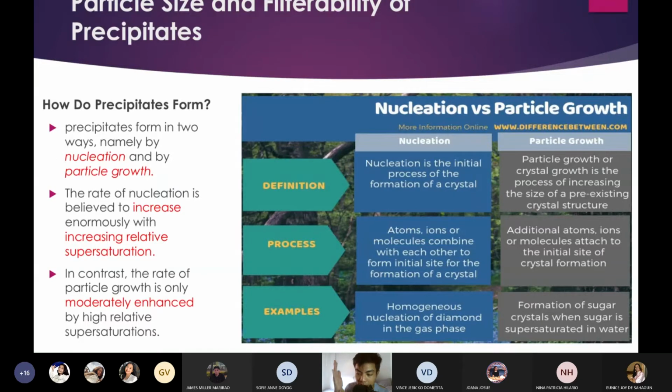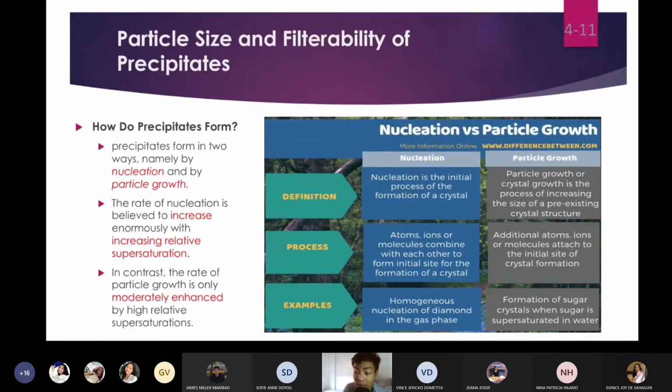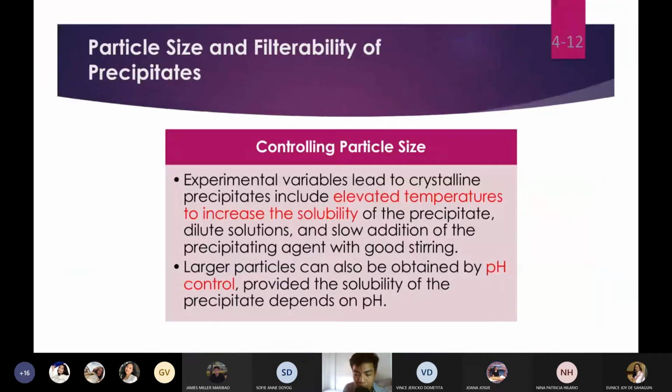So imagine nyo na lang kapag nucleation, para siyang kristal, no? Diamond, gemstones, no? Pag particle growth naman, ito yung parang sugar, no? Pag namuo yung sugar. So may part na matigas, may part na malambot, pero still matigas siya, no? So ganun din yung sa precipitates natin. Okay?